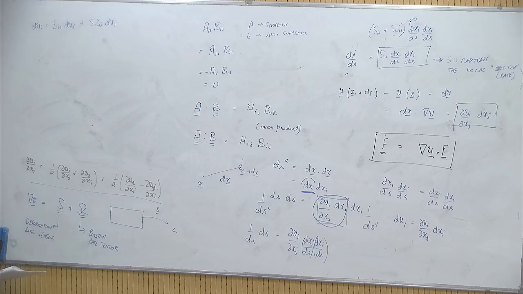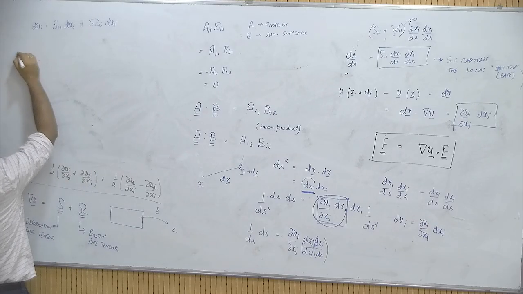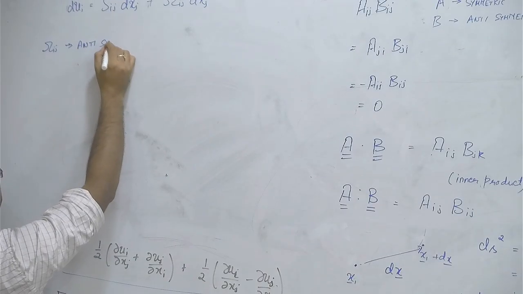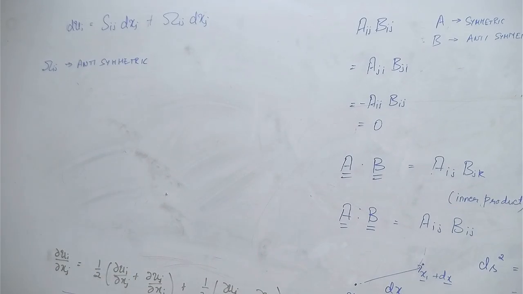Is this part visible on the board? Okay, and now we are going to recall that omega ij is anti-symmetric. So how many independent components can an anti-symmetric matrix have?